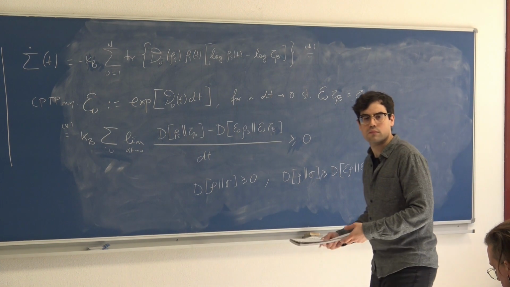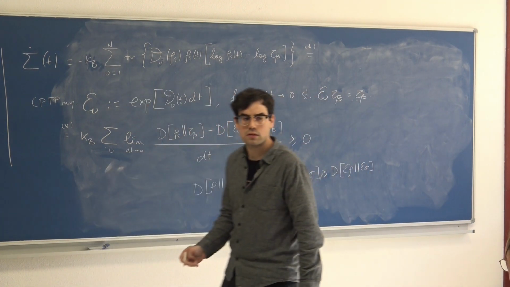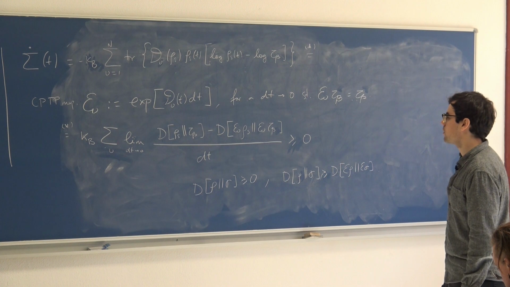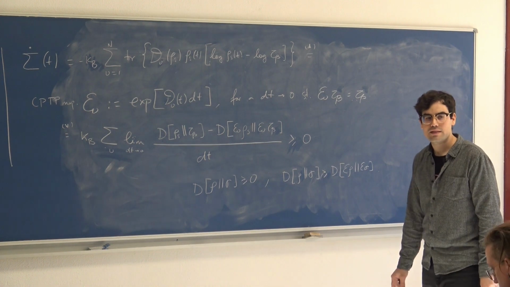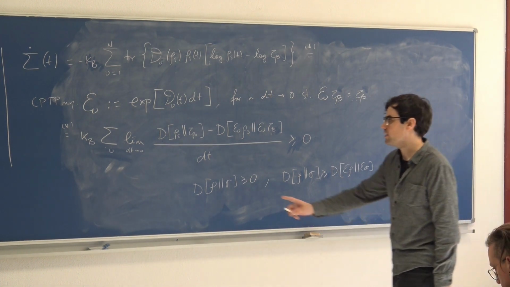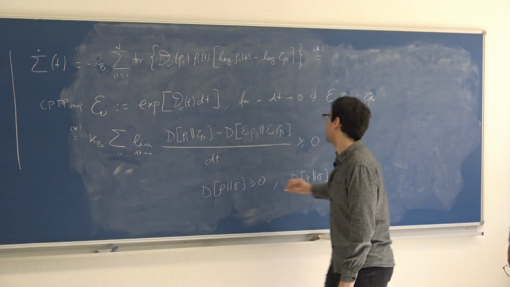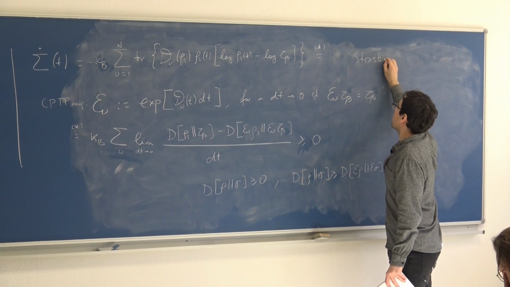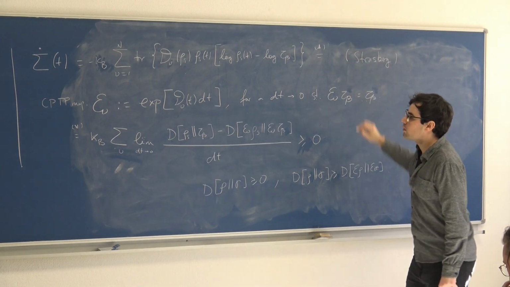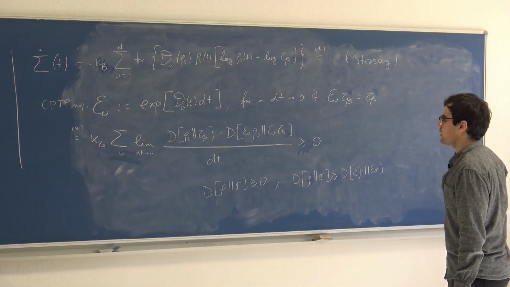Are you sure that he makes this assumption for each nu, or that the CPTP map is defined as the exponential of the sum of all the dissipators? It's in Strasberg, it's defined in this way, like this, right? So this is basically a mathematical trick to show this.